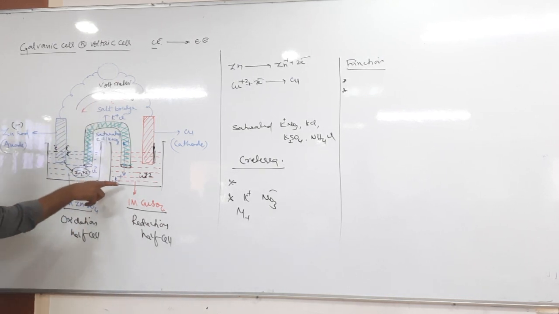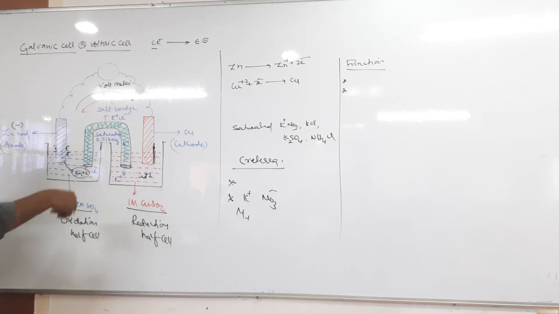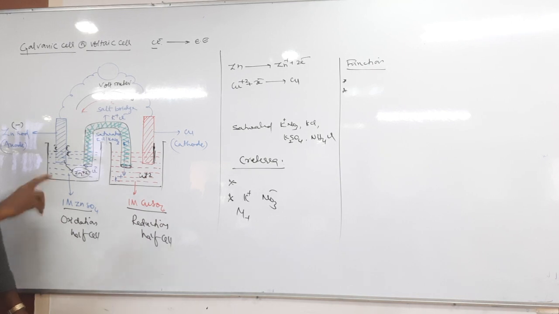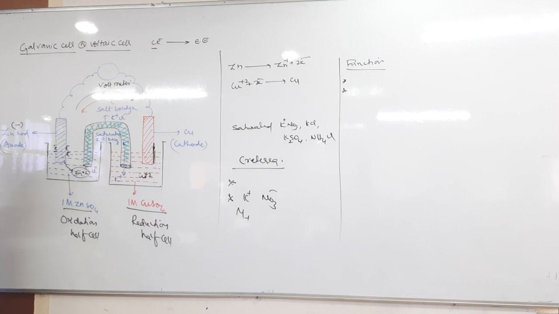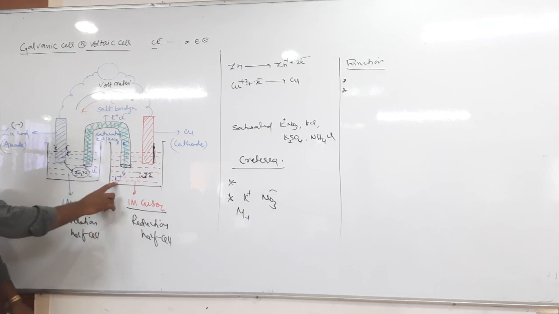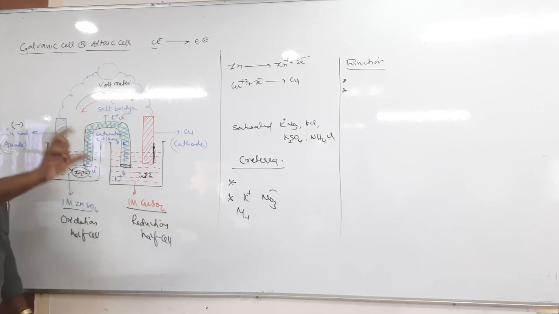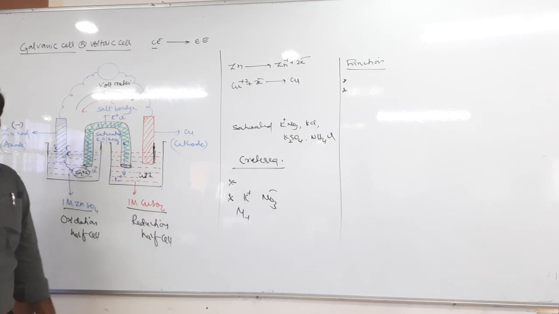Because if one cation enters here, at the same time one anion must enter here. This is possible if both have the same speed. If the migration speed is different, there is again unbalancing. That is the reason. They just balance the charge, they do not interfere with any cell reaction. Even though K+ is there, sulfate is there, they do not form any product. So these are the functions of the salt bridge.